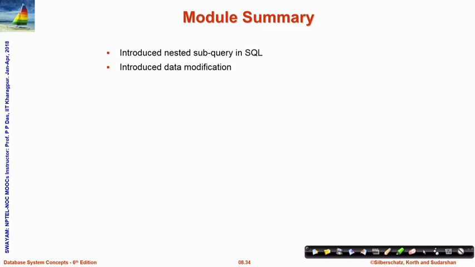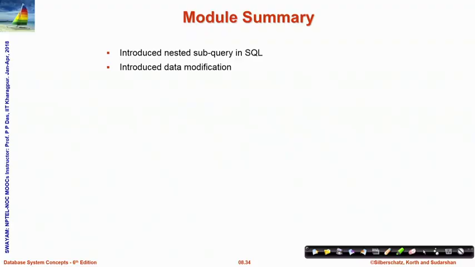To summarize, we have introduced a very powerful feature in SQL known as a nested subquery, where we can write a select from where expression as a part of the where predicate, or as a relation in the from clause, or as one or more attributes in the select clause, and it can be used in several other places also.